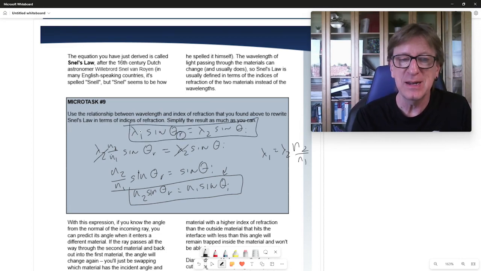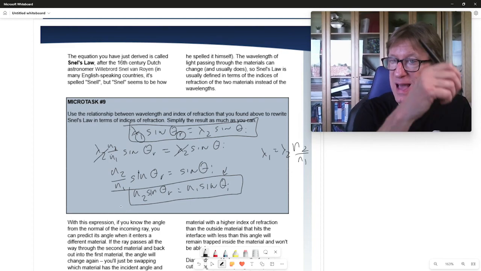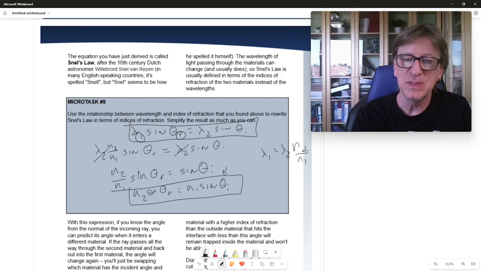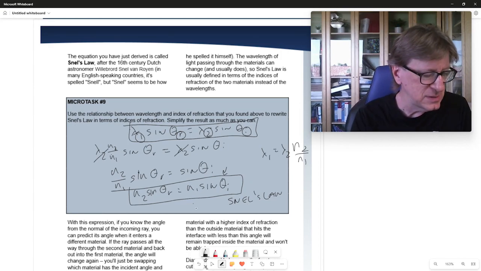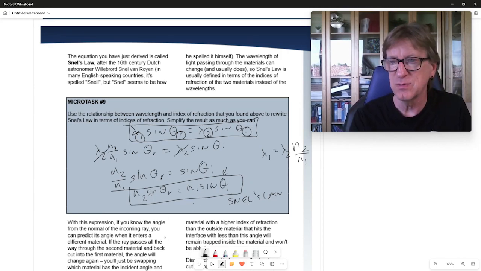I've got my refracted angle, but then this is my wavelength outside of the material. So this is my angle inside the material. This is my angle outside the material, my wavelength inside. Well, that's pretty confusing. So why not do it this way? And so this is the form of Snell's law that you're going to use most of the time. Most of the time, we're going to have this in terms of the index of refraction.